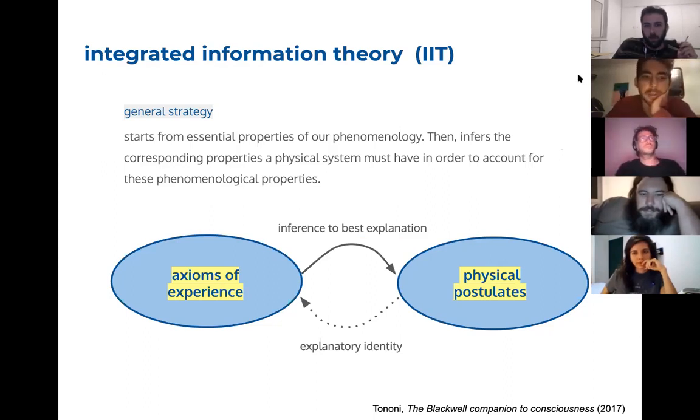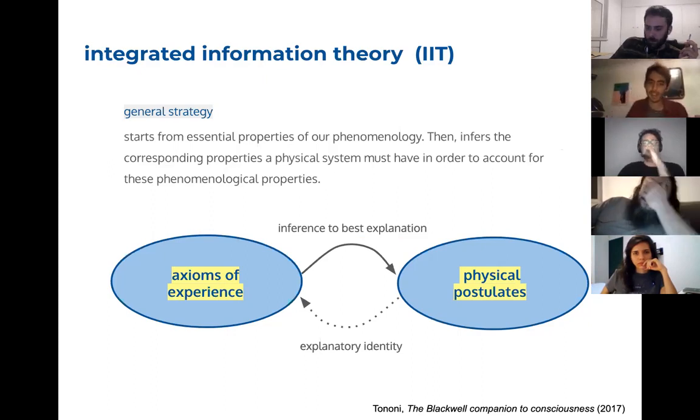IIT has this general strategy which is really particular to it. There's no other theory that I know of that does that, and it's kind of weird for a neuroscientist to propose something like that.